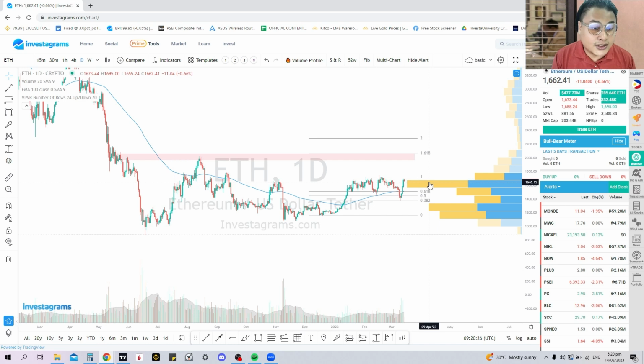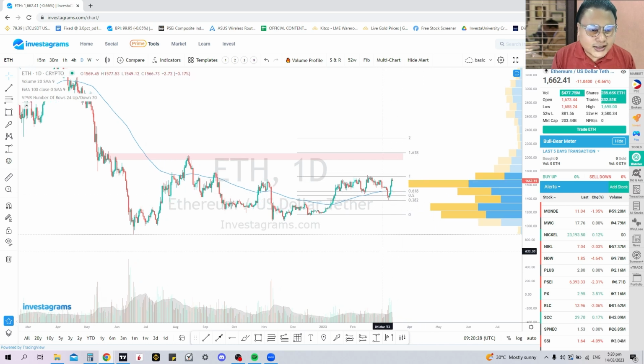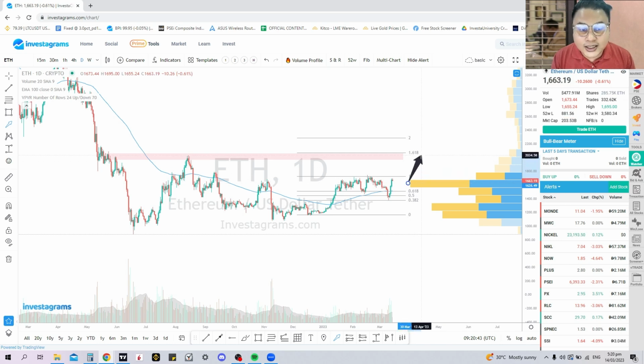Since price is near this level, it can serve as a strong resistance level. And if price breaks above this volume profile resistance level, possibly madali niya nang i-take tong 1618 level or itong 2,000 USDT level.